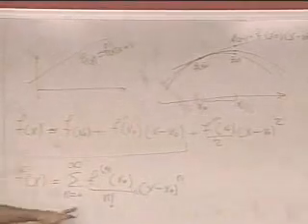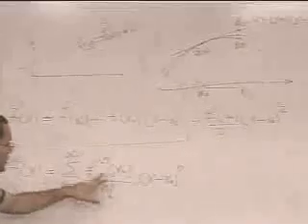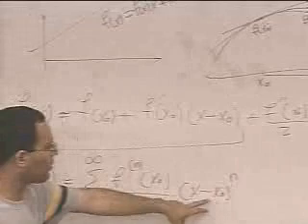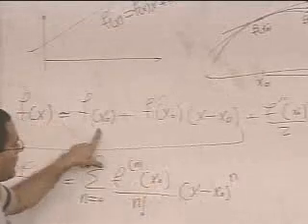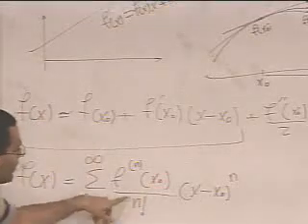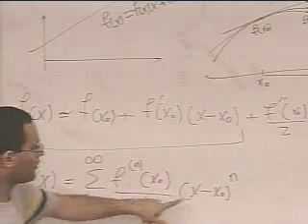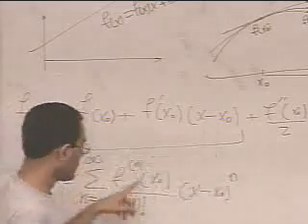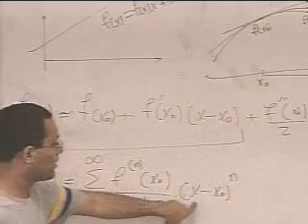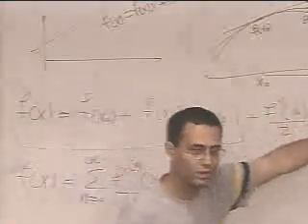So if we put n equals 0, 0 factorial is 1, 0 derivative is just the same function, f of x, and this is some number to the power of 0, which is 1. So all this is 1, f of x. For n equals 1, it will be the first derivative divided by 1, x minus x 0 to the power 1. Second derivative, 2 factorial is 2, x minus x 0 to the power 2, third, and so on. So this is just a Taylor expansion.